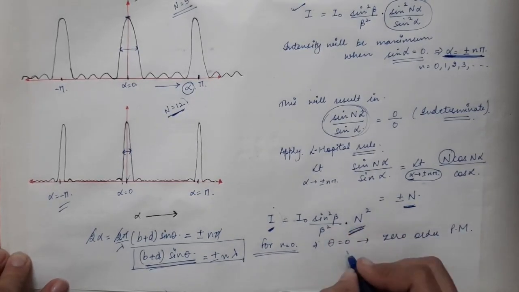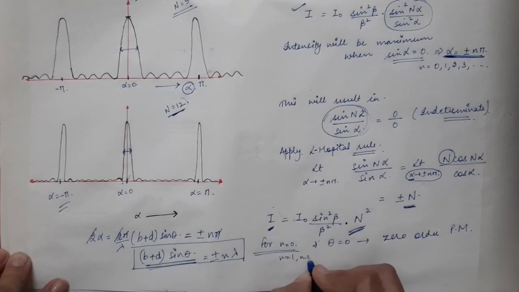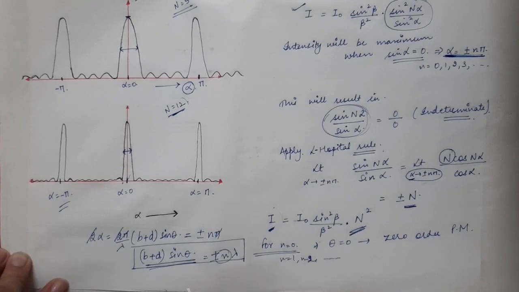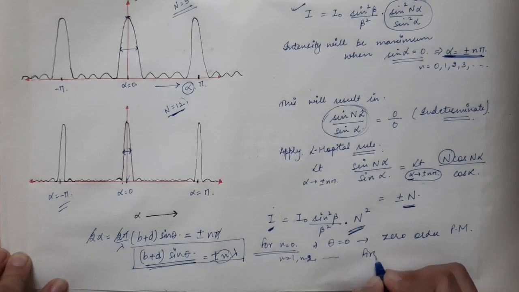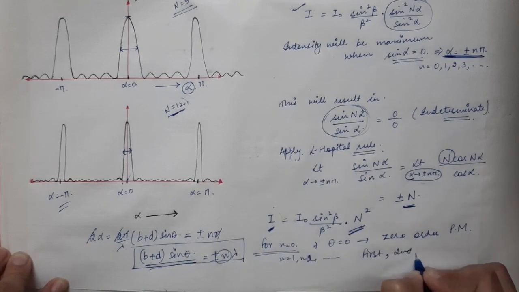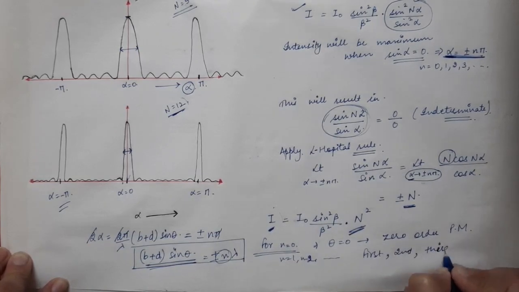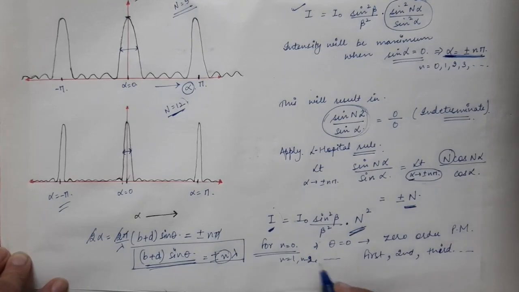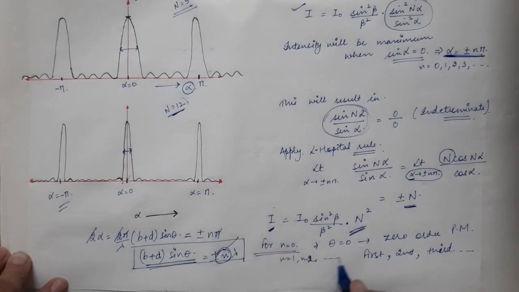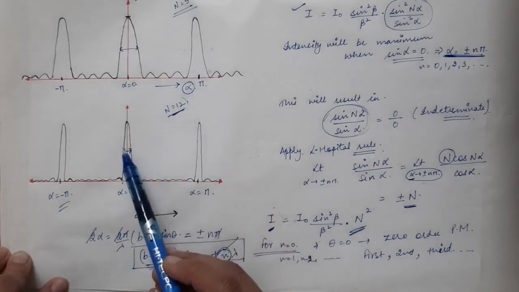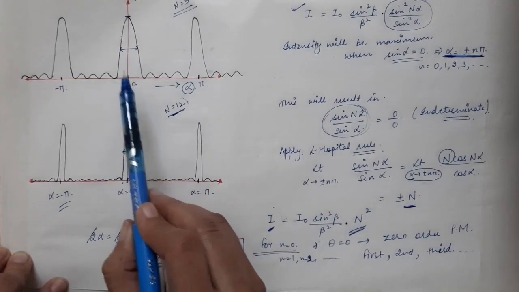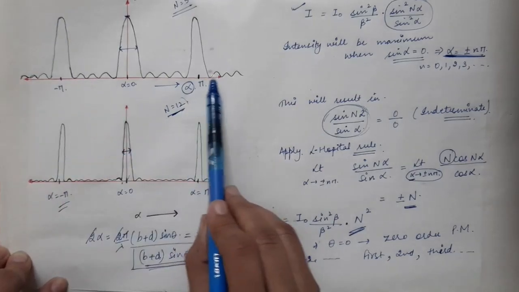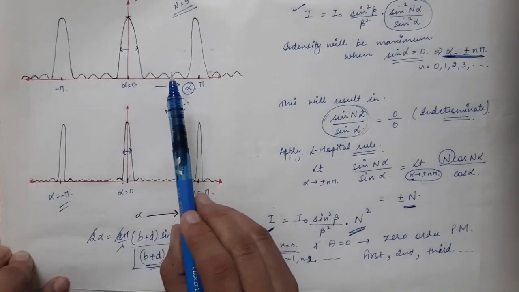Then when you put n equal to 1, 2, 3 and so on, you will get the corresponding first, second, third order principal maxima. So for various values of small n, you will get various principal maxima, and that has been shown over here also: for alpha equal to 0 you get a maxima, for alpha equal to pi you get a maxima, then for minus pi and so on, you get maxima for various values of alpha.